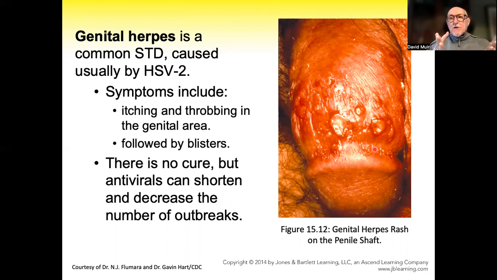You're only infectious when you actually have active lesions, because these lesions are produced as part of the reproductive cycle of the virus. This is how the virus is disseminated, through these lesions. If you do not have active lesions, then you're not infectious.